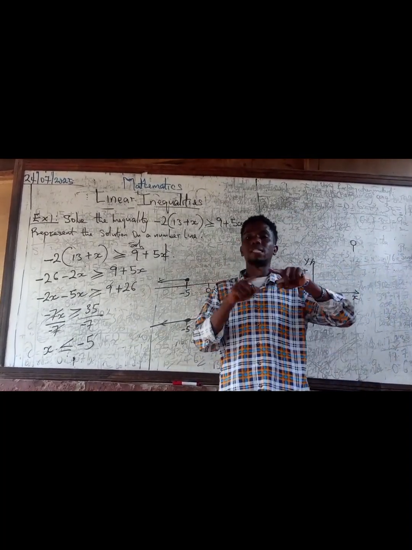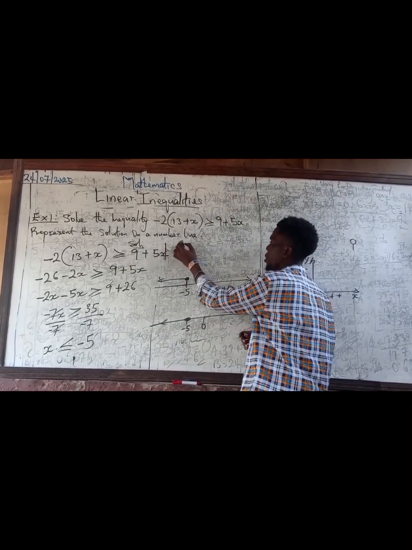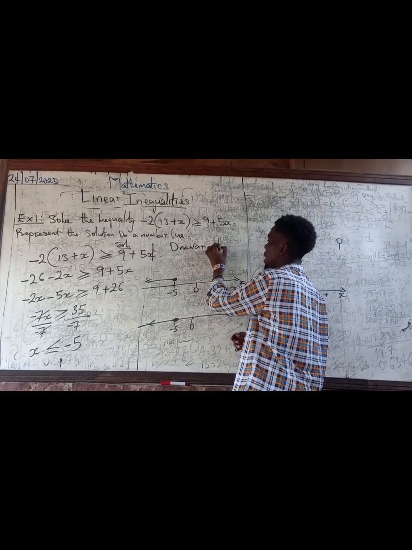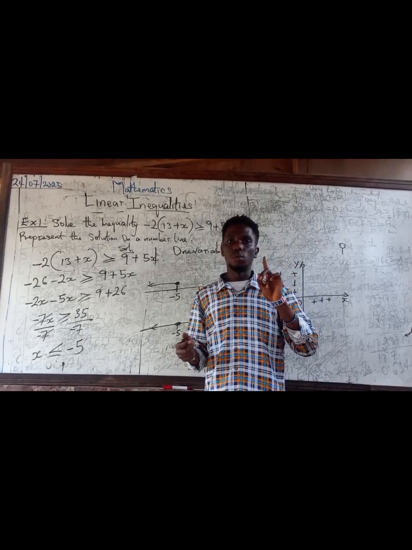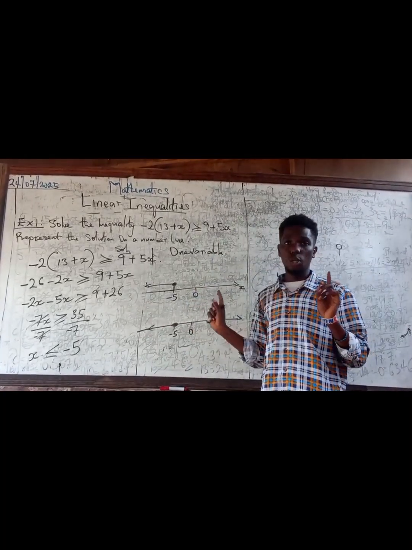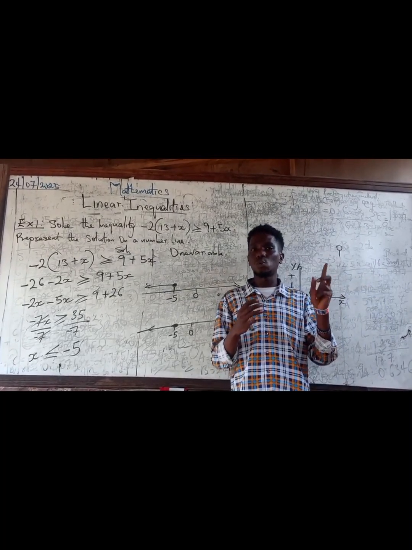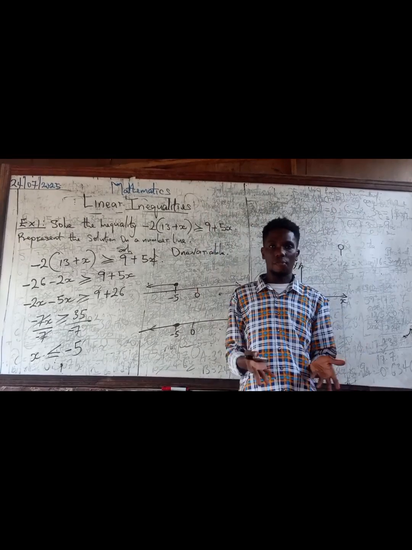The reason we'll be representing that one on the Cartesian graph is because this one is one variable. You can represent one variable on a number line because a number line consists of just one variable, which is x. Are you with me now? But when we are looking at two variables, that means we're looking at two unknowns, which is x and y. So we are going to have a complete graph.